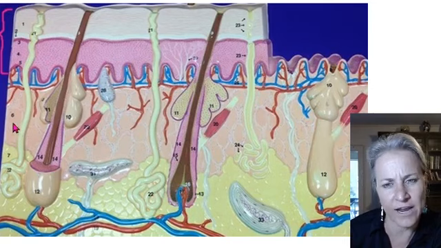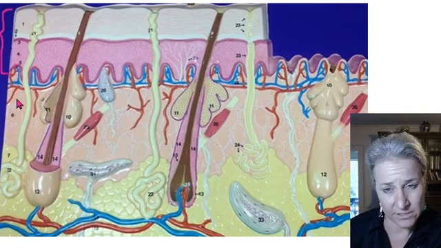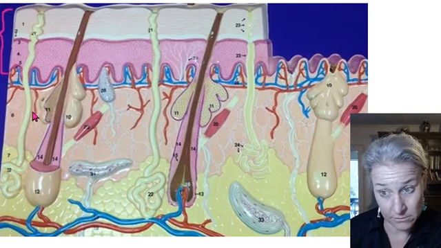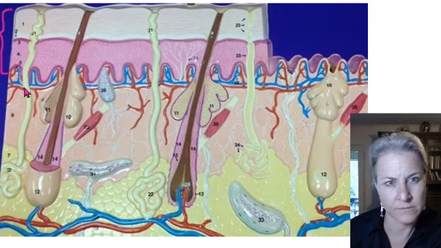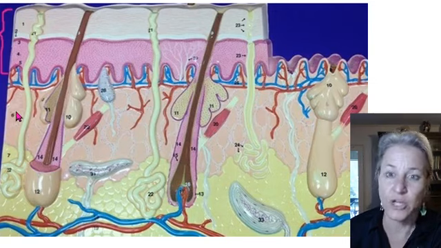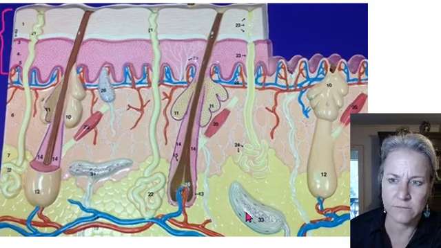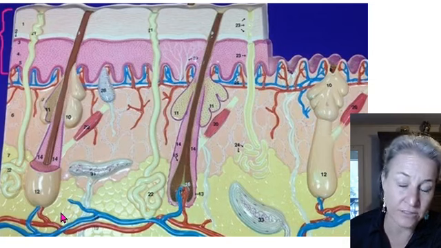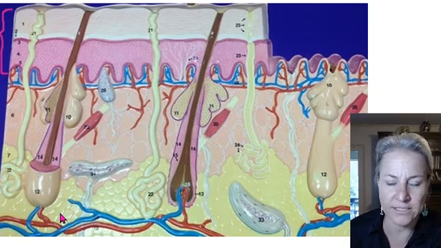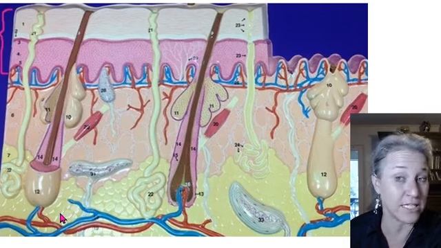What is the name of this layer? Number 6. That is the dermis. What is the name of layer number 7? That is going to be the hypodermis, also known as subcutaneous fat.